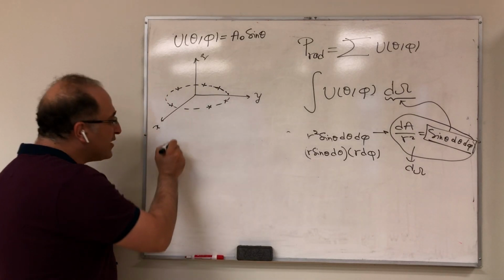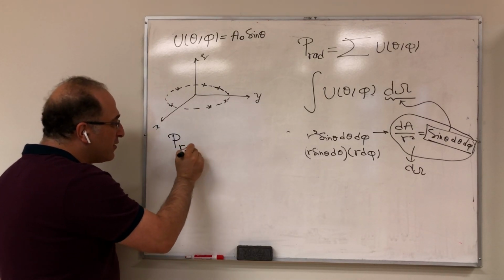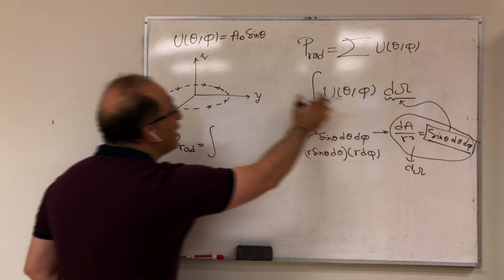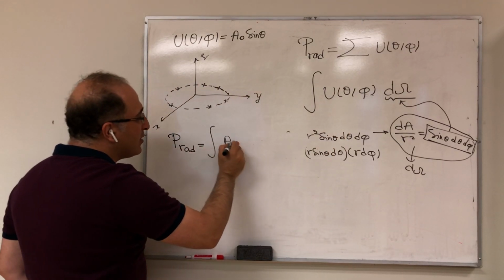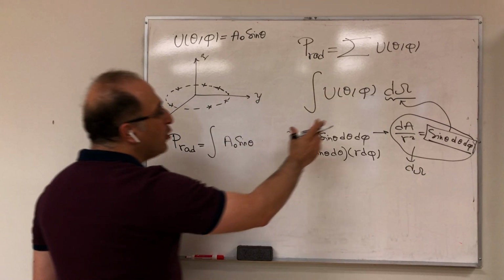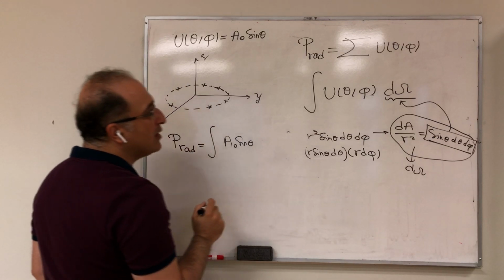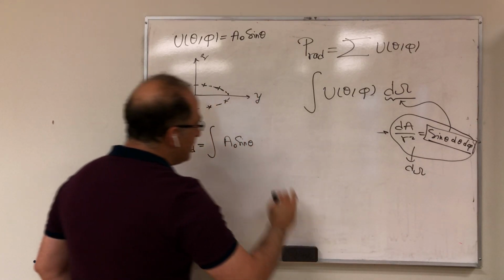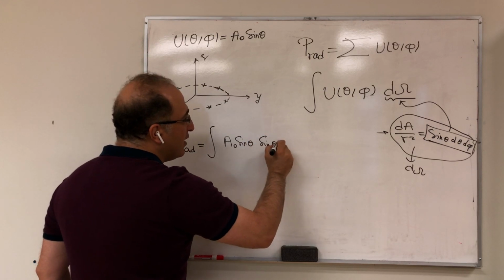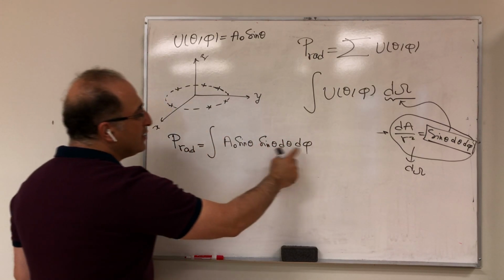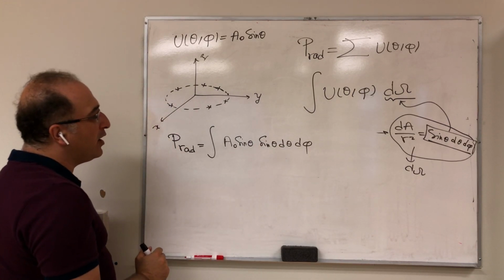Now, if you want to get the total power that this antenna radiates, you're just going to say, okay, I'm going to have U of theta and phi, which is A naught sine theta, and I'm going to integrate over the element of solid angle d omega. But d omega is sine theta d theta d phi. You see that's a double integration over theta and phi.